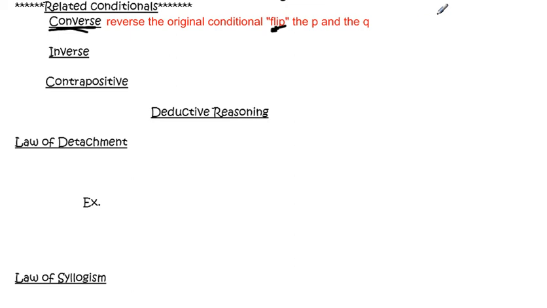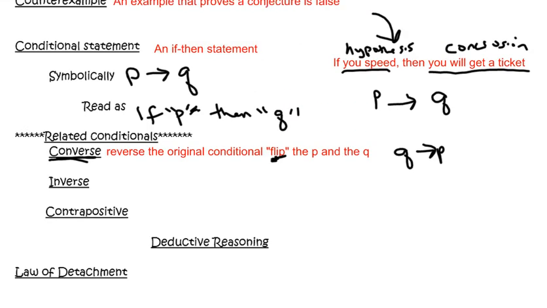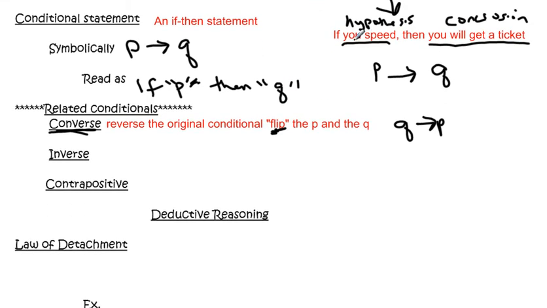What that means is that if your original conditional is if P then Q, we can take the converse of that conditional and write if Q then P. So going back to our speeding ticket, the original conditional if P then Q was if you speed then you'll get a ticket. But if I want to take the converse of this conditional, I would say if you get a ticket, then you sped. So I flipped my P and my Q.